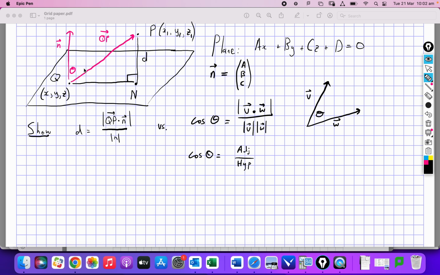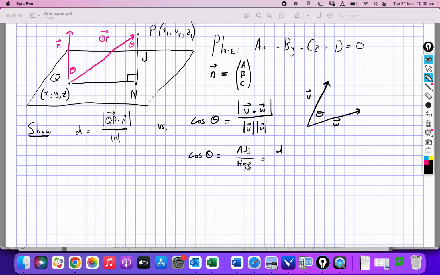Because vector NP is also perpendicular. That's in the diagram. So in my picture I've got this sort of situation here. I've got a theta there and a theta there with these parallel lines, so they must be the same. Those are alternate angles. Which would mean what? It means if my theta's there, this is good because D becomes an adjacent.